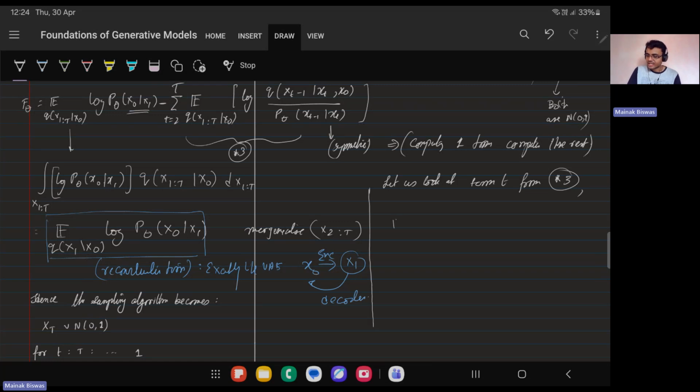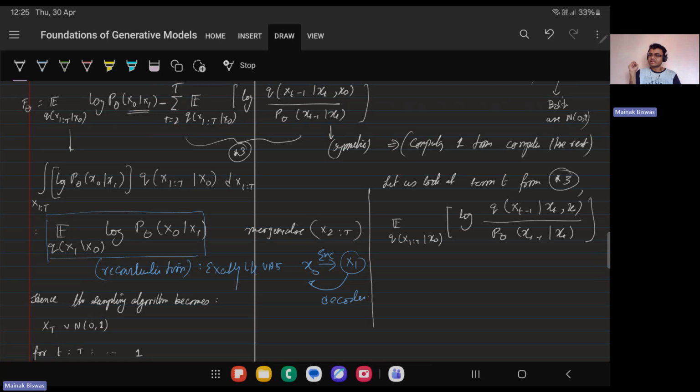So look at this, the expected value of q of x1 to t given x0, the log of q of xt minus 1 given xt comma x0, and p theta of xt minus 1 given xt.